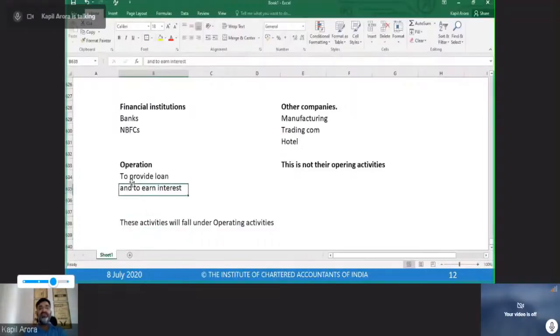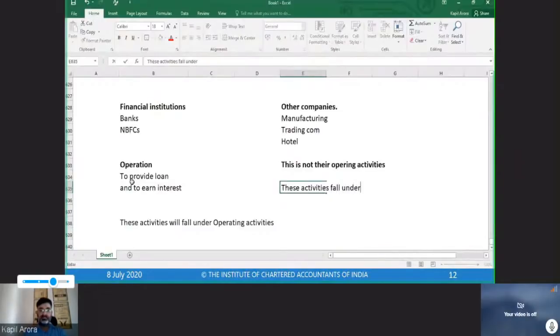On the other side, when we are talking about other companies, these activities fall under investing activities. Hope this is okay with everybody.